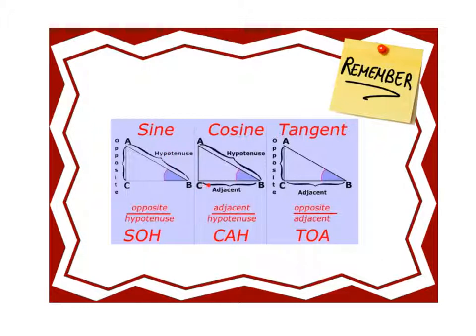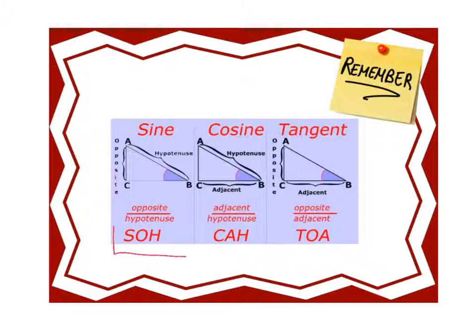If you look at the ratio of the adjacent leg, because it's right next to our angle here, to the hypotenuse, we call that cosine. And if I'm looking at the two legs, the opposite and the adjacent side compared to this angle, we call that tangent. Sine, cosine, and tangent. And then we have this little acronym that we use.